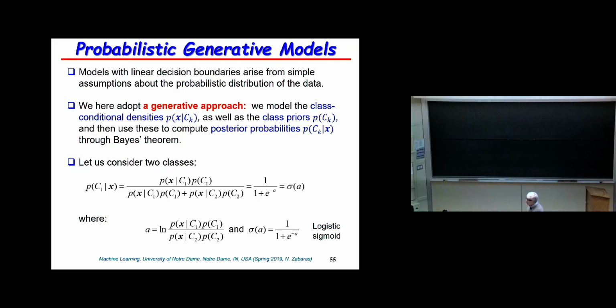This definition has no particular physical meaning, but as you will see, it basically allows us to write the posterior as 1 divided by 1 plus e to the minus a, and that's the sigmoid function.